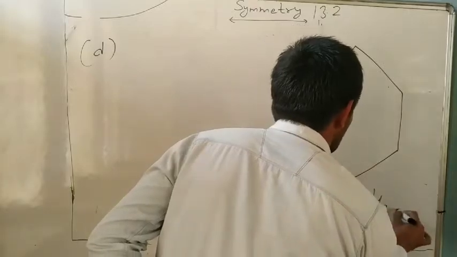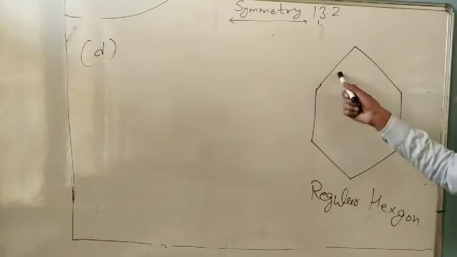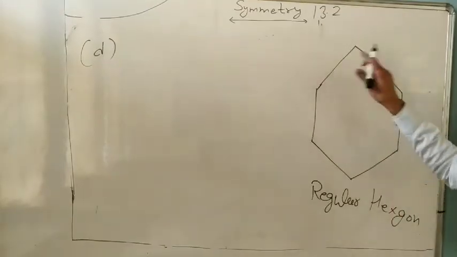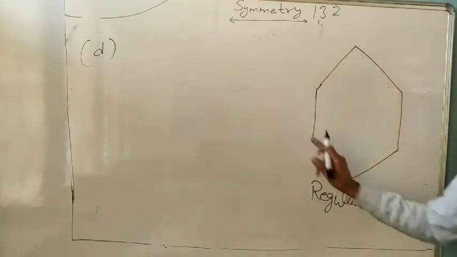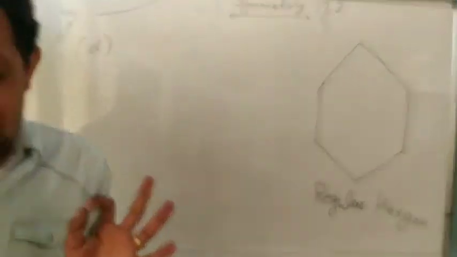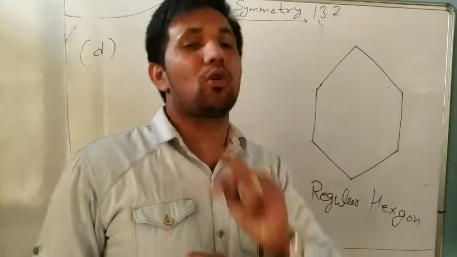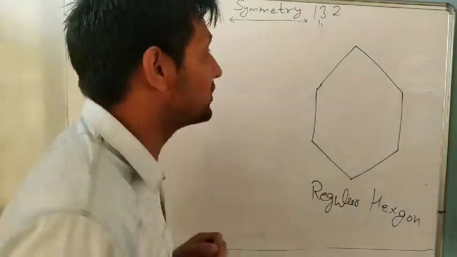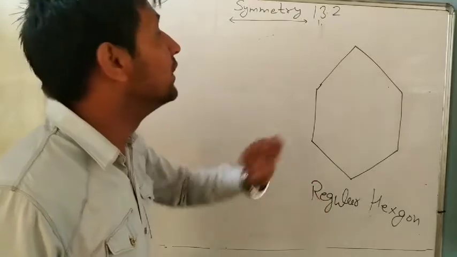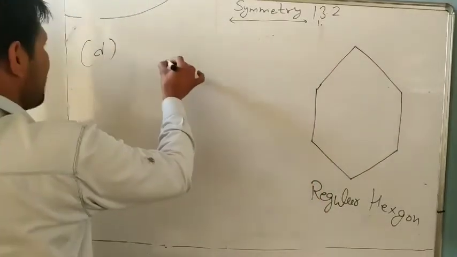We know regular hexagon means all 6 sides are equal: 6, 5, 5, 5, 5, 5. But in the question he is asking for a hexagon with exactly 2 lines of symmetry, not more than 2. So it means we will make a hexagon whose sides are not all equal. So we will make it like this one.